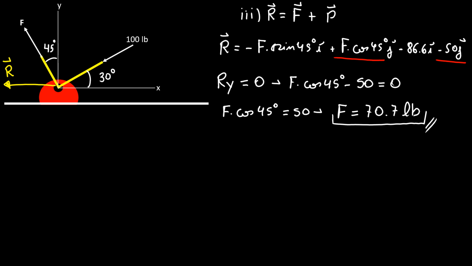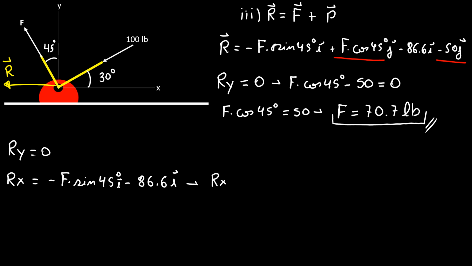Our second answer is to find the magnitude of R. So we know that our Ry is equal to 0. So we're gonna find our Rx. Our Rx is minus F times sine of 45 minus 86.6. We know that F times sine of 45 is the same as F times cosine of 45, because sine of 45 is the same as cosine of 45.